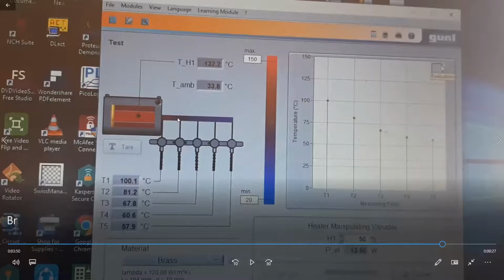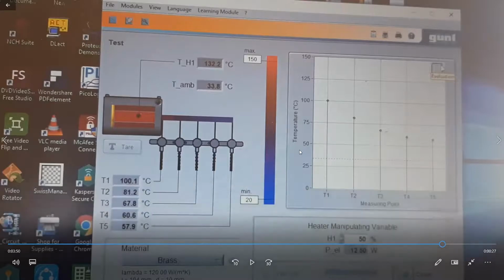There is high loss compared to the other two metals, so we have a big temperature difference between T1 and T5. So this will be the temperature curve, and you should draw these three temperature curves in the same sheet.